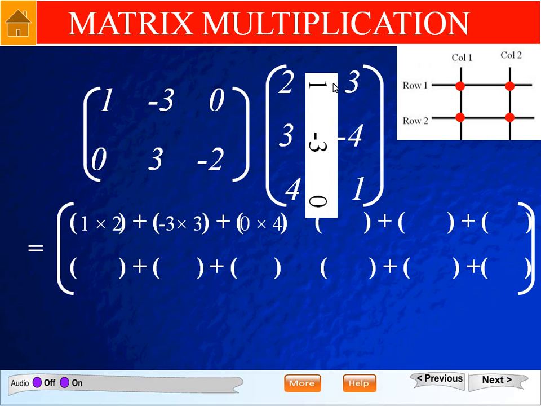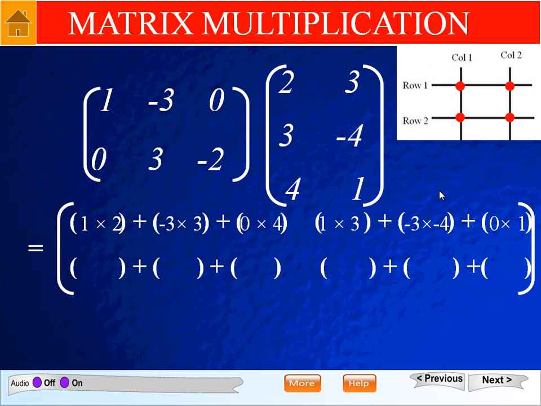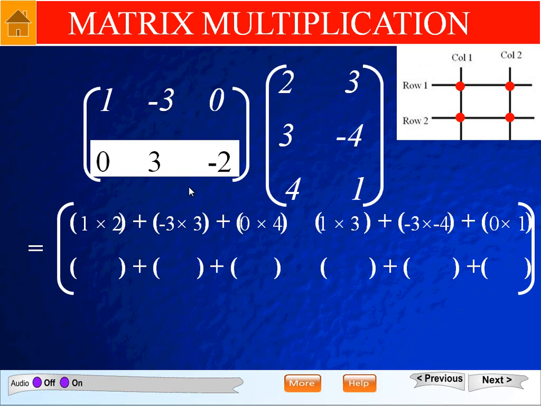So again, first element and first element, that's 1 times 3, negative 3 times negative 4, 0 times 1. Then we are finished with these elements, so we go on to row 2.